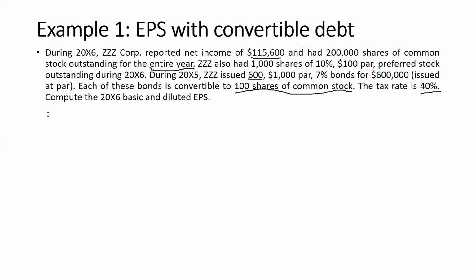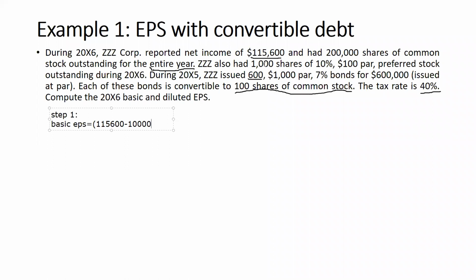So what we will do, we will just start computing it. Step number 1. Basic EPS is equal to, if you go back to the basic EPS, 115,600, the net income, minus preferred dividends. If you calculate, the dividend should be 10,000. How did I calculate?